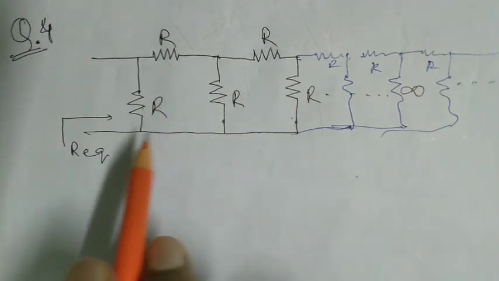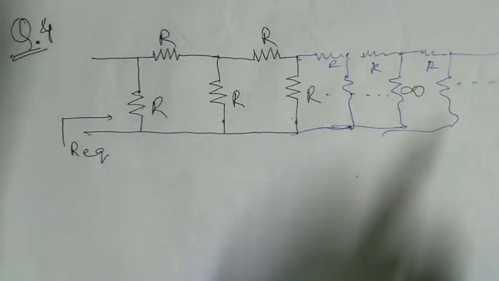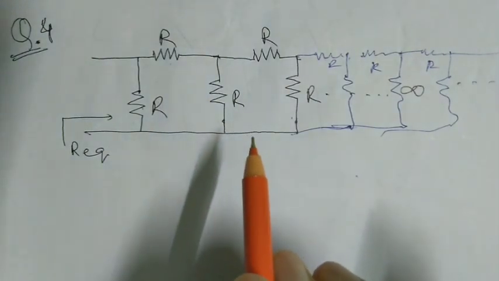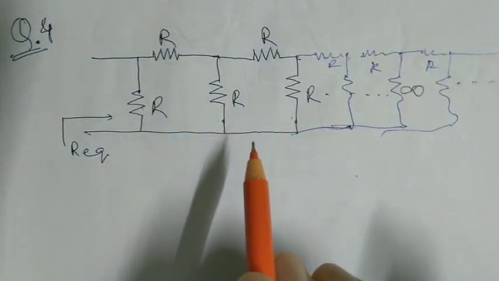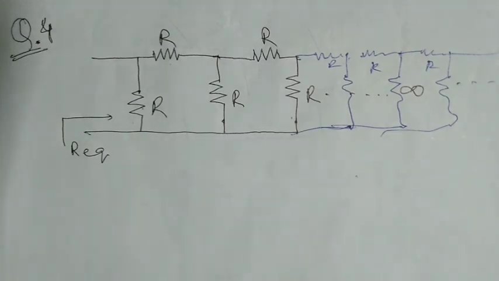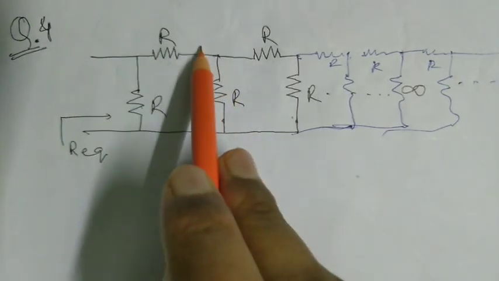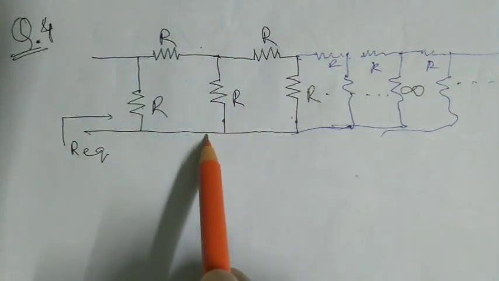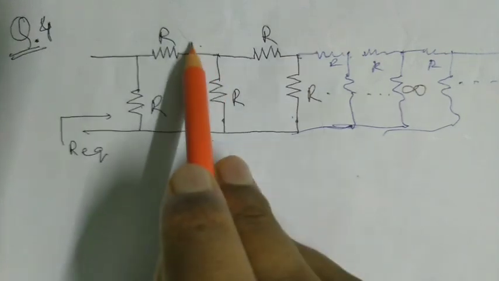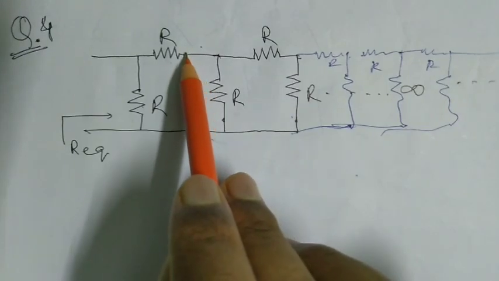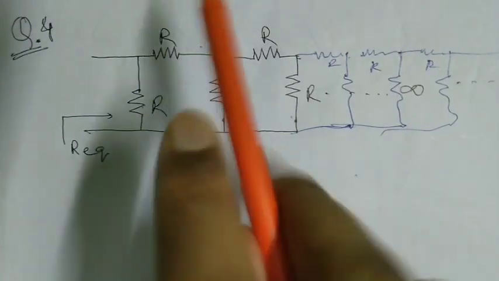Actually, this is an infinite circuit. If we eliminate any of its branches, will it actually impact the equivalent resistance value? Okay, let's eliminate this branch and take from here.